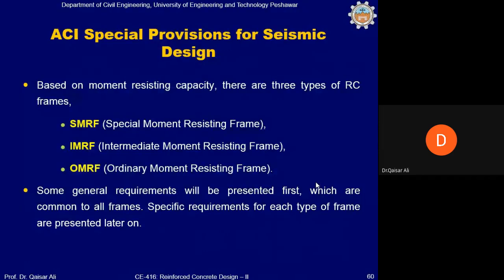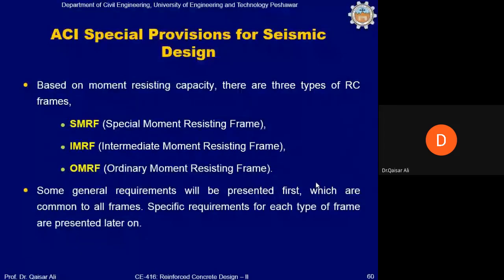If the moment resisting capacity of the beam column joints is very, very good, then that type of frame is called a special moment resisting frame, as per the ACI code terminology.